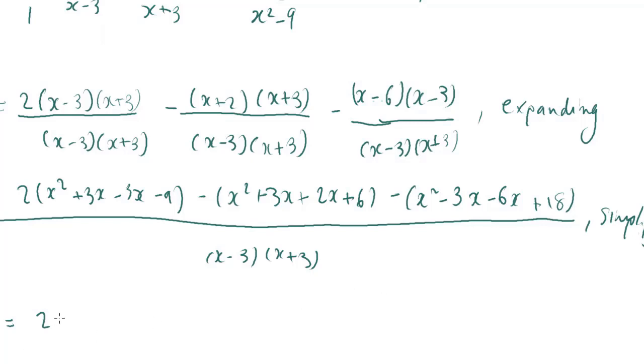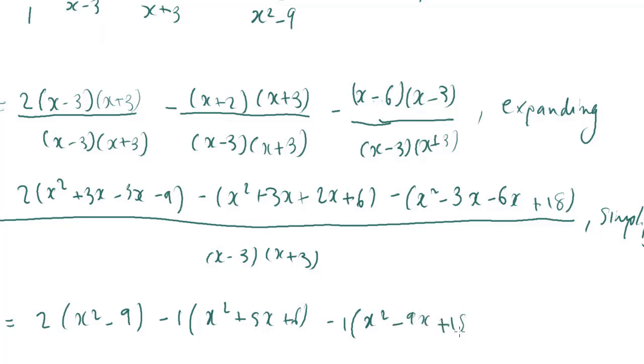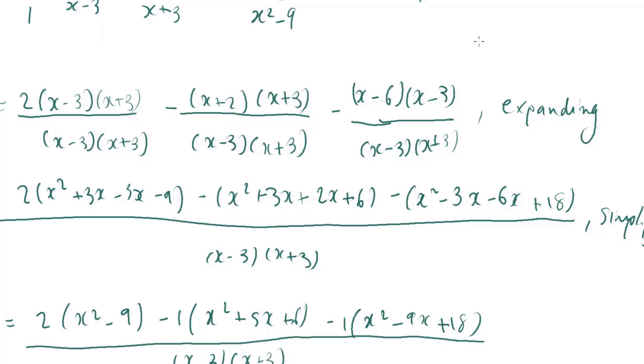So here x squared minus 9 minus 1, x squared plus 5x plus 6 minus x squared minus 9x plus 18. So again, just a simple case of going through this, as I said, expanding, simplifying.